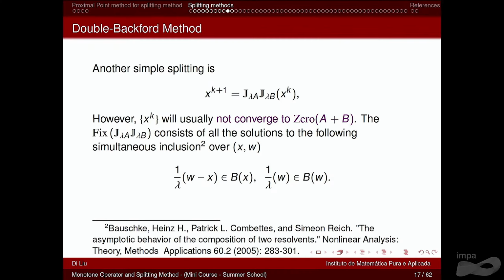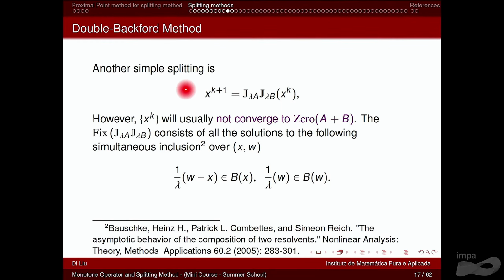The resolvent of B is 1/2 averaged, and the resolvent of A also is 1/2 averaged. The composition of these two averaged operators is still averaged.